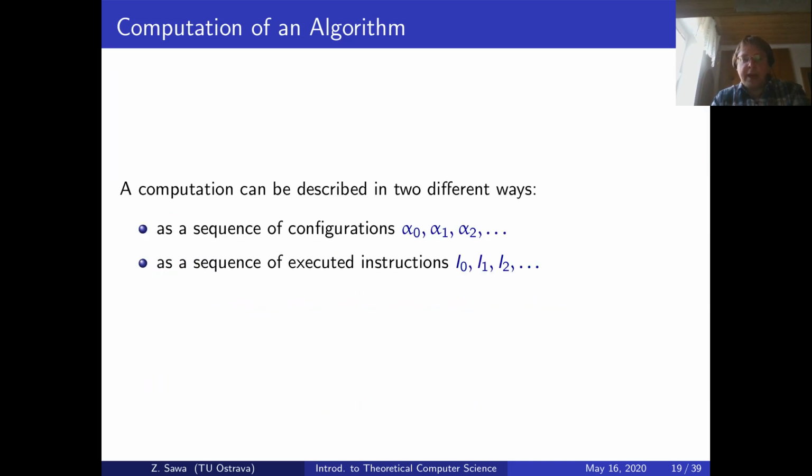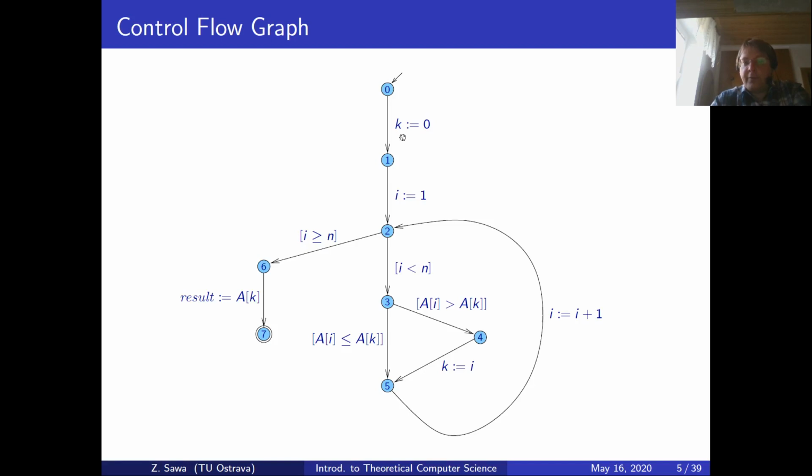Like saying that 0 was assigned to k, then 1 was assigned to I, then it was checked that I is less than n, then it was checked that A[I] is greater than A[K], then value I was assigned to k, then I was incremented by 1, then again it was checked that I is less than n, and so on.